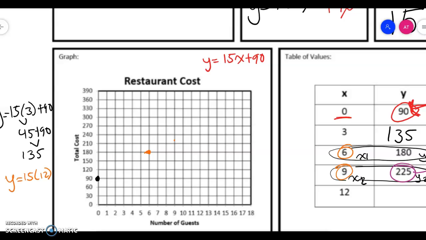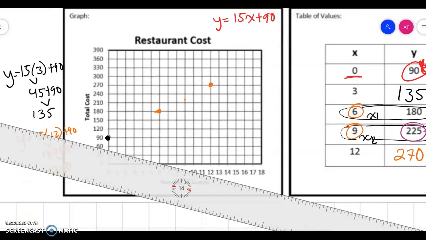What's 15 times 12? 180 plus 90, because that's how much it's just going to be to even rent the place, is 270. So now we filled out our table. And it looks great.